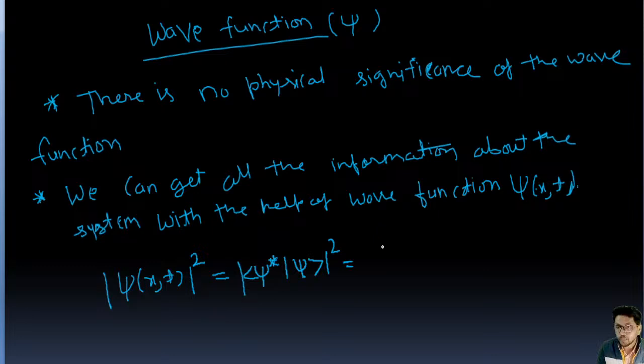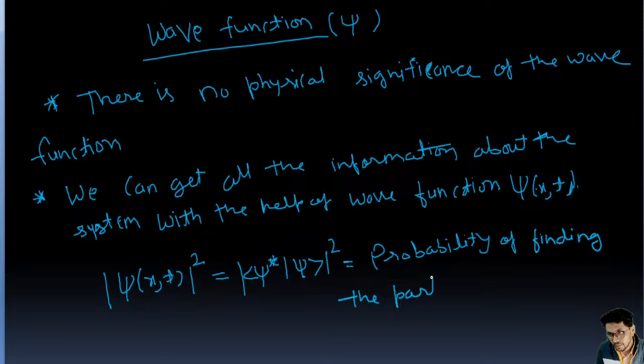So this gives the probability of finding the particle at position x. So mod psi of x,t whole square is the probability of finding the particle at position x.